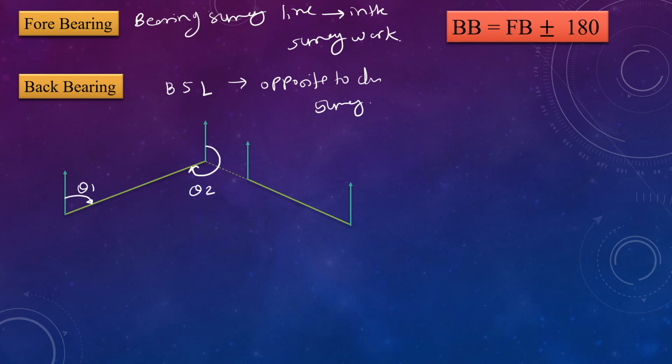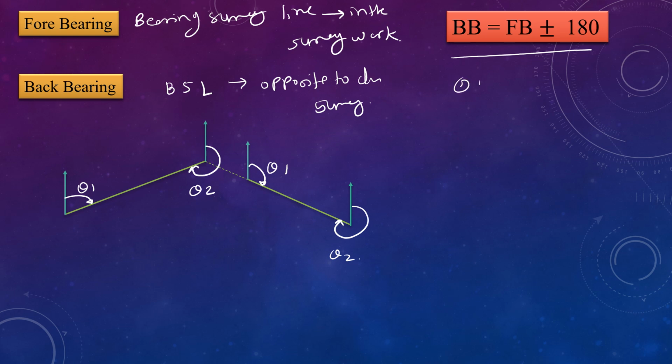For this particular line, theta 1 is the fore bearing, and theta 2 is the back bearing. So how to calculate the back bearing and fore bearing? Back bearing is equal to fore bearing plus or minus 180 degrees.